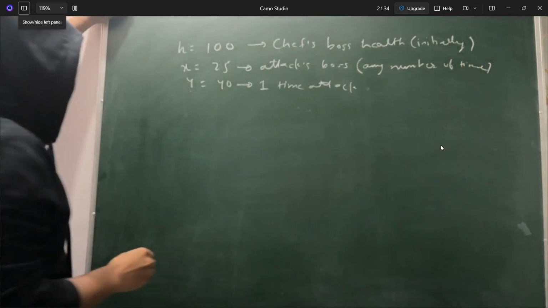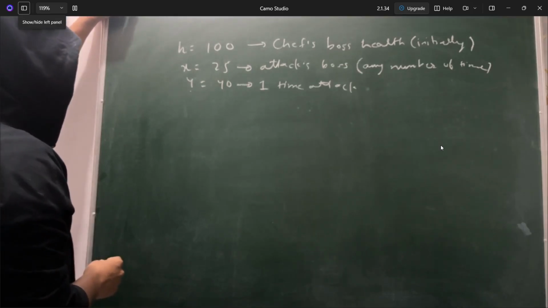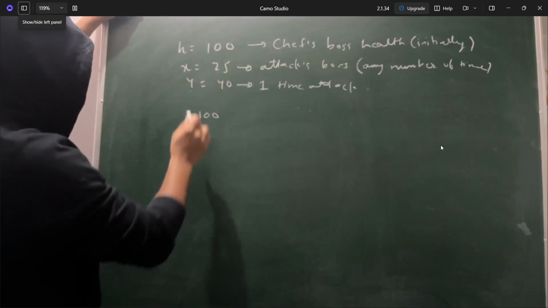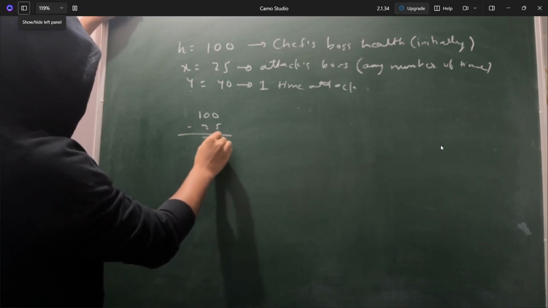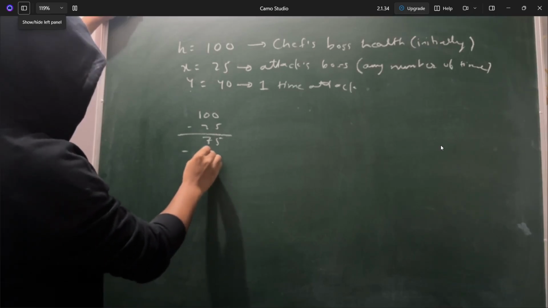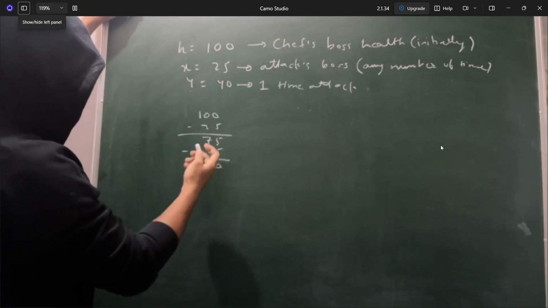So now let's understand what they're saying. Chef's boss health is initially h. When he attacks using x operation, you remove 25 from that, so you will be getting 75. Now let's say you are attacking with x only, so you will be removing again 25. His health will be 50.